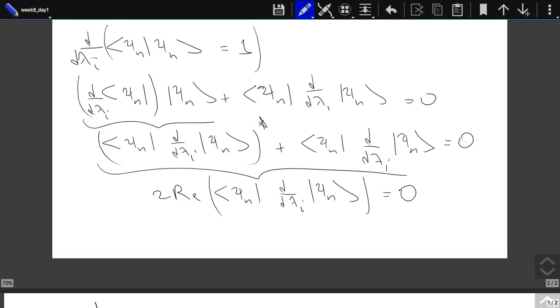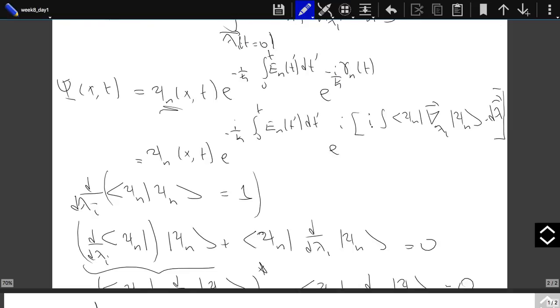This is equal to 0. Or that matrix element is pure imaginary. So that's why I keep that i over there. When I multiply i with that integral, what I obtain is a real number.